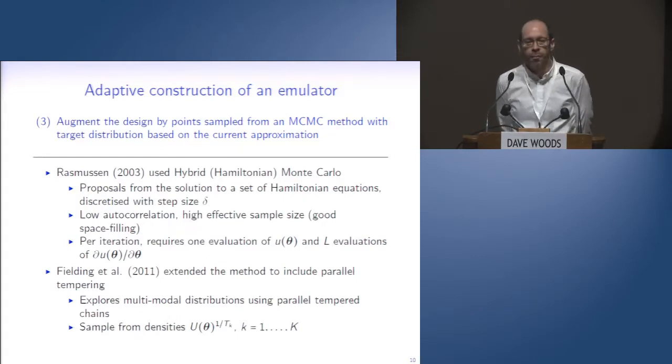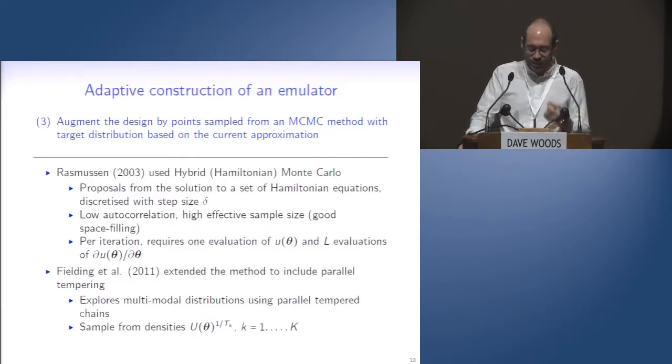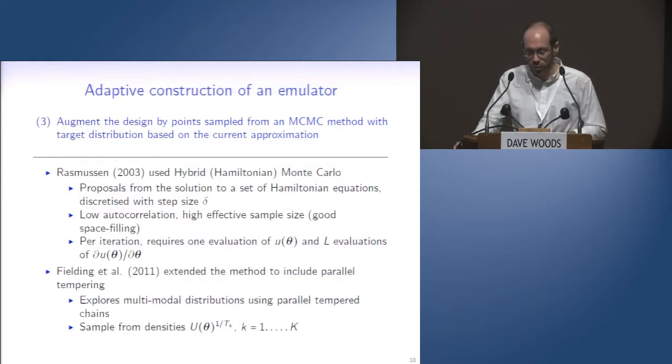HMC is very good for constructing adaptive proposals which give you low autocorrelation and high effective sample size. So from a design of experiments point of view, this means we have good space filling properties in our parameter space. But they do require a lot of evaluations of the likelihood or the unnormalized posterior, and particularly they require a lot of evaluation of the derivative of the unnormalized posterior.